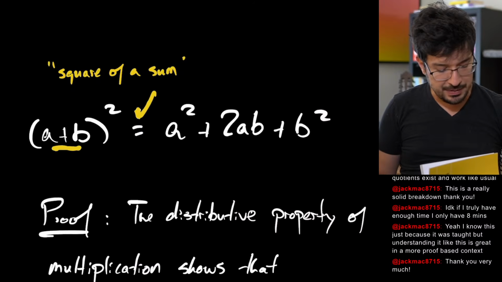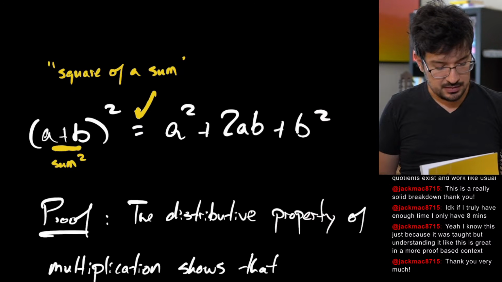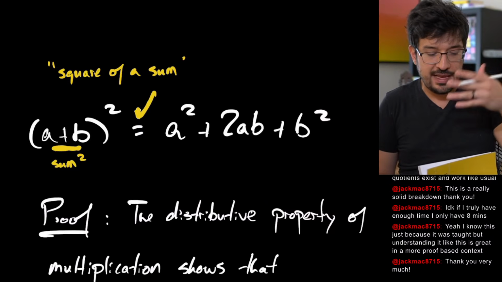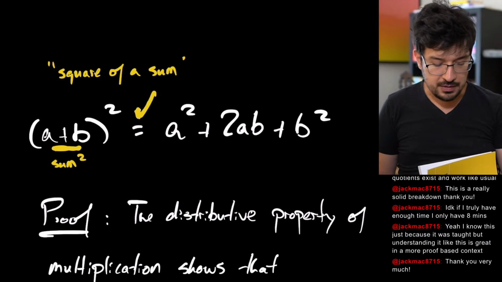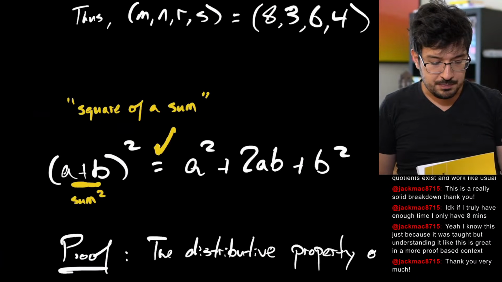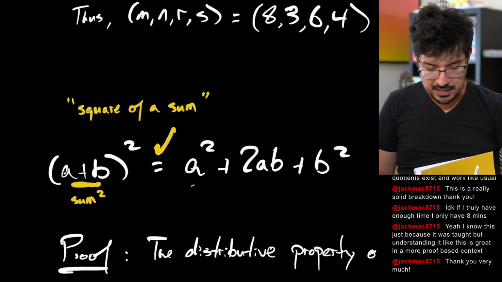A plus b is a sum, and then the squared power, this is a sum squared, or the square of a sum. Call this formula, in your notes, in your justifications, in your proofs, the square of a sum identity. The square of a sum is this.